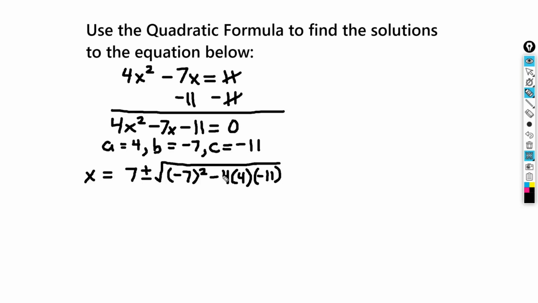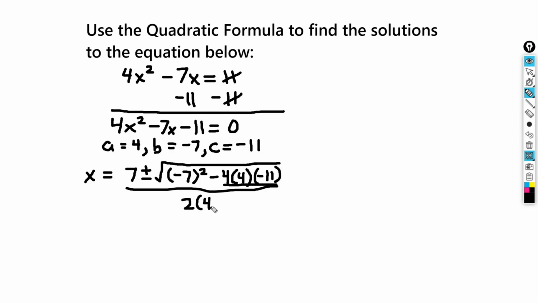Now we have a negative 4 or minus 4 times positive 4 times negative 11. So really we're going to add whatever this number is here. Okay, and this is all going to be all over 2a, so 2 times 4.